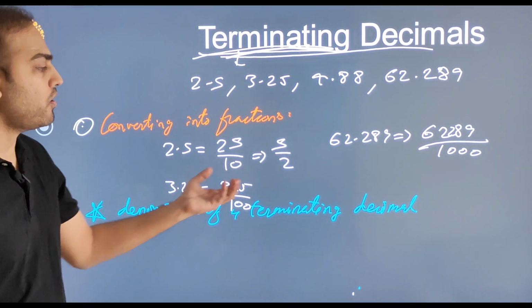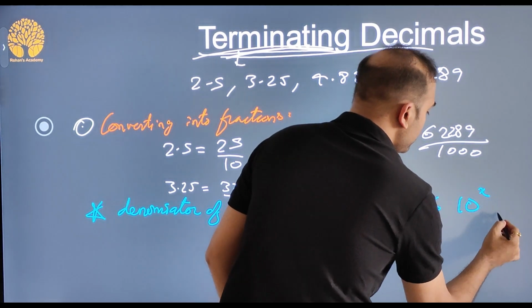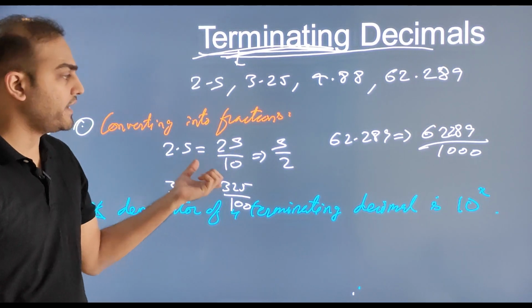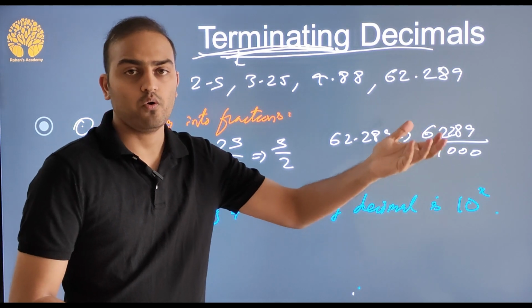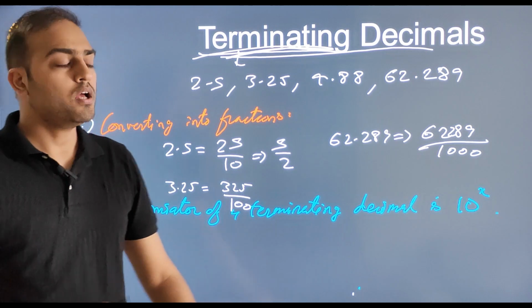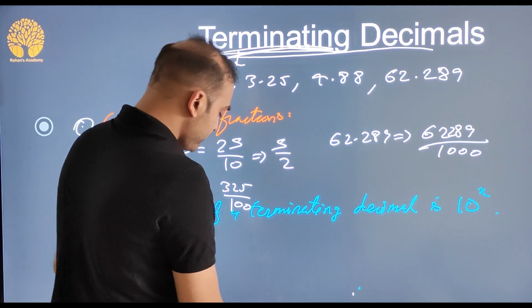The denominator of a terminating decimal is 10 power something. Because if I remove one decimal, I get 10 power 1, 2 decimals, 10 power 2, 3 decimals, 10 power 3, and so on. So if you have 10 decimal values, 10 power 10. The point is, the denominator of a terminating decimal is made up of tenths.